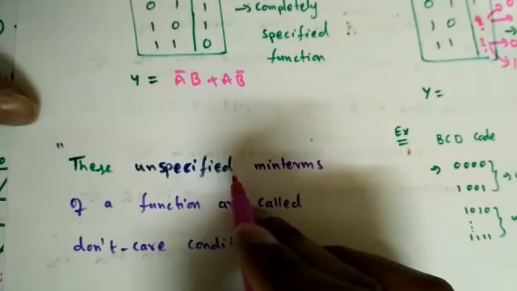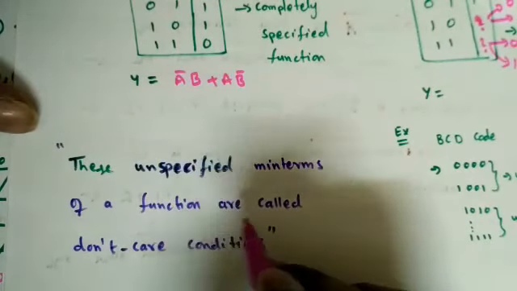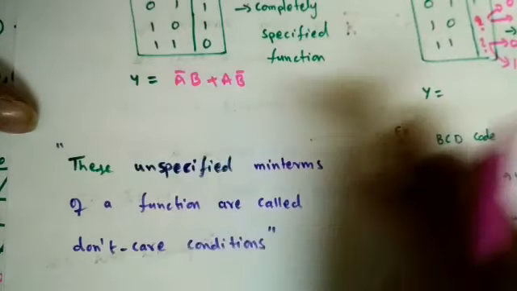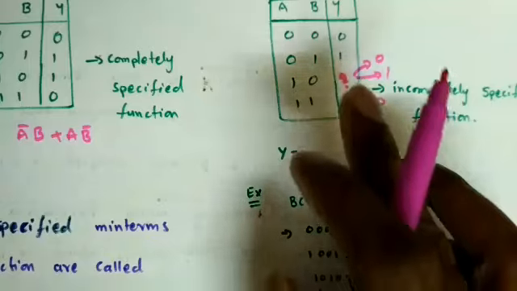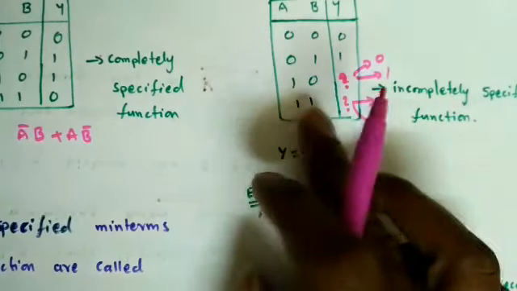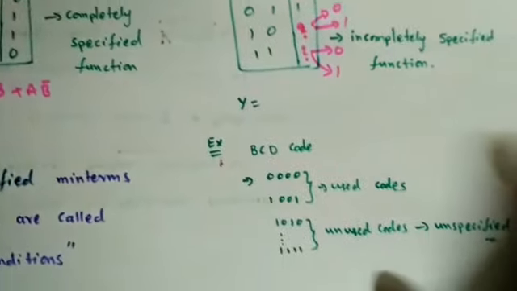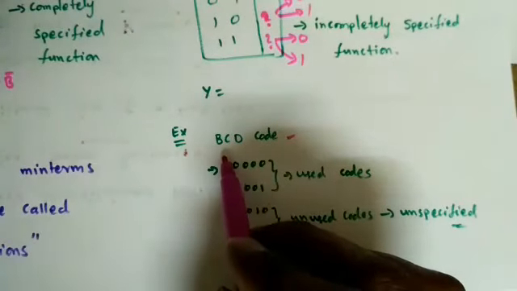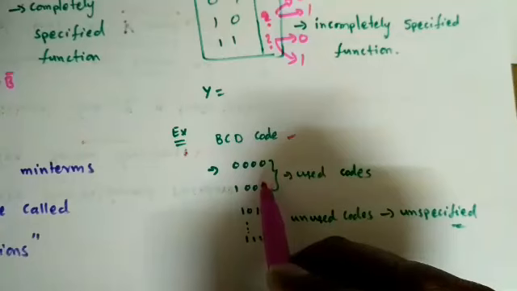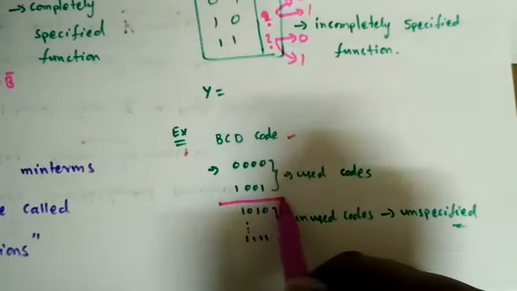These unspecified min terms of a function are called don't care conditions. We don't know the function value for these input combinations. For example, if I take the BCD code, I can represent 0 to 9 as BCD code. The unused codes will be there, no?